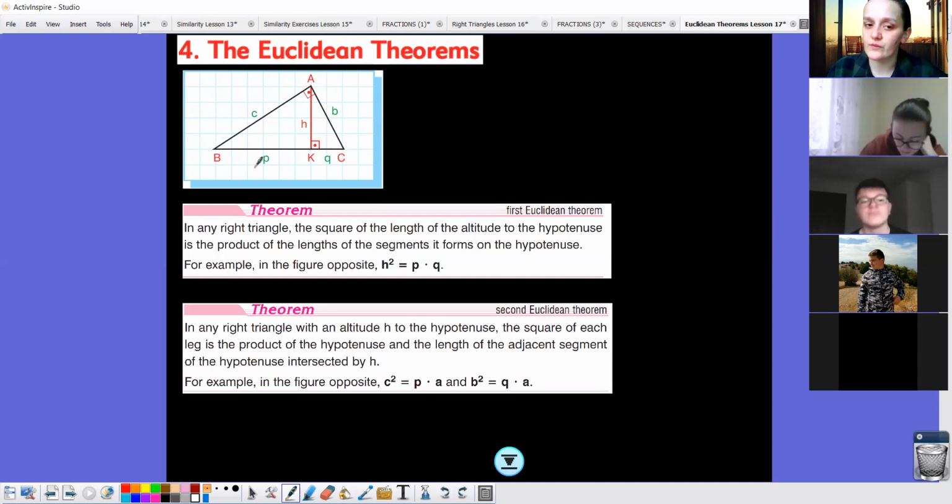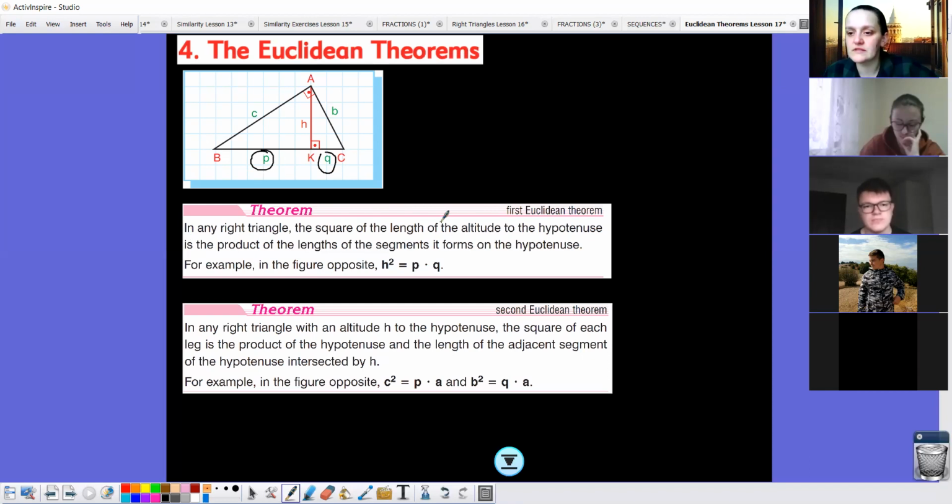As you can see here, we have p and q. So the altitude drawn to the hypotenuse is h, and h square is equal to p times q. Did we understand? Yes, yes.